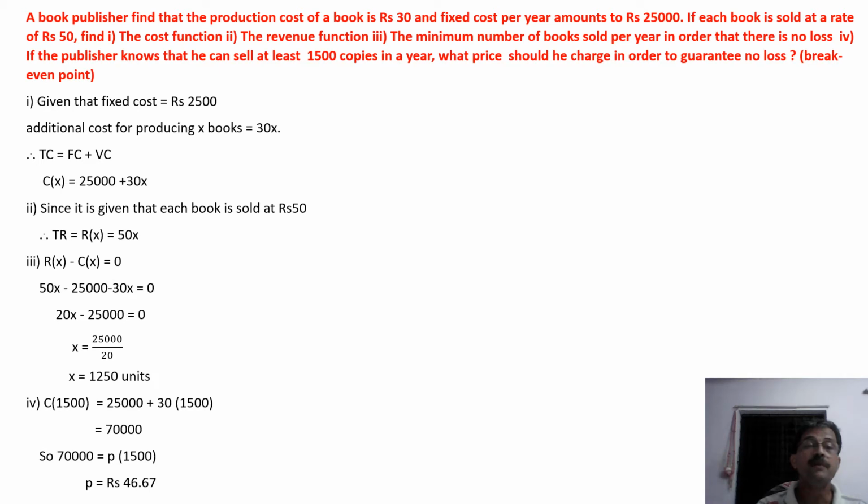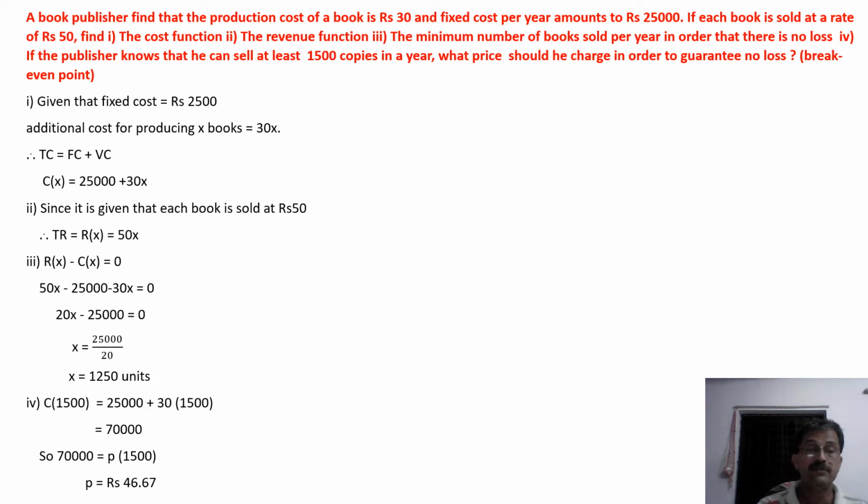Then fourth, if the publisher knows that he can sell at least 1500 copies in a year, what price should he charge in order to guarantee no loss? So in the cost function, if we substitute x is equal to 1500, we get the cost of 1500 books is 70,000.